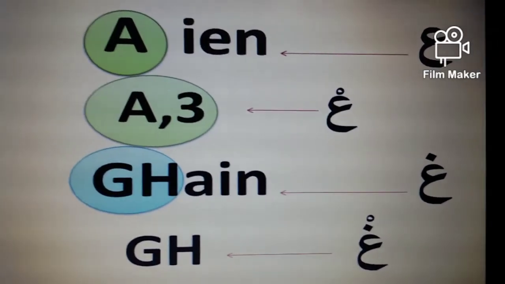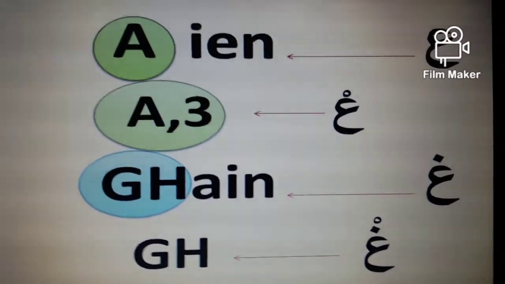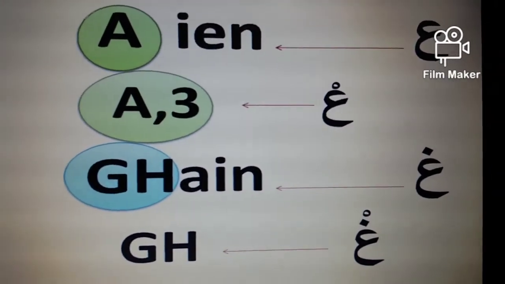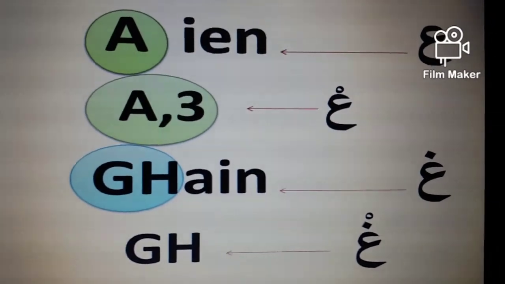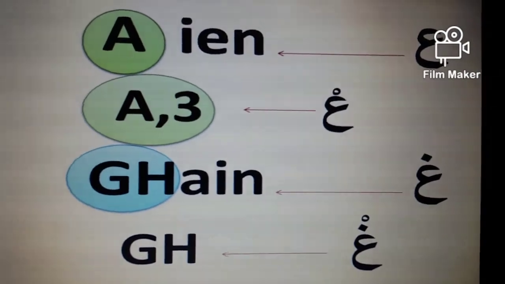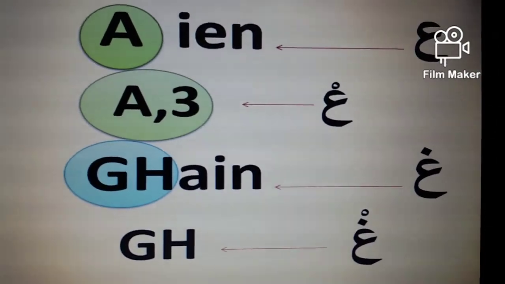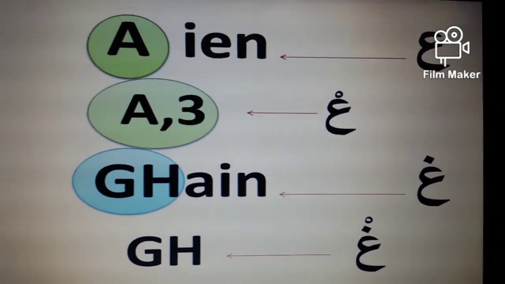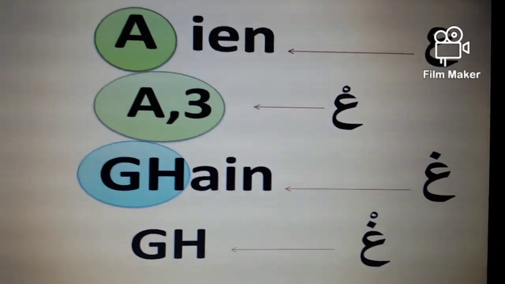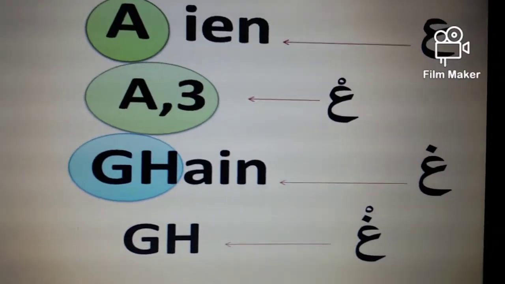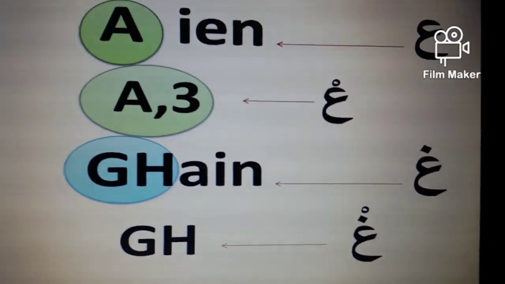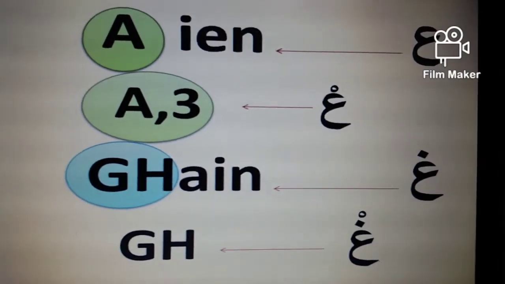So when we want to tell someone that we're going to pronounce the letter ayn, we put that number 3 to represent its pronunciation. And you know the Franco language, when you write numbers instead of letters, so we use that number 3 to represent the ayn letter. However, the same pronunciation becomes like that.